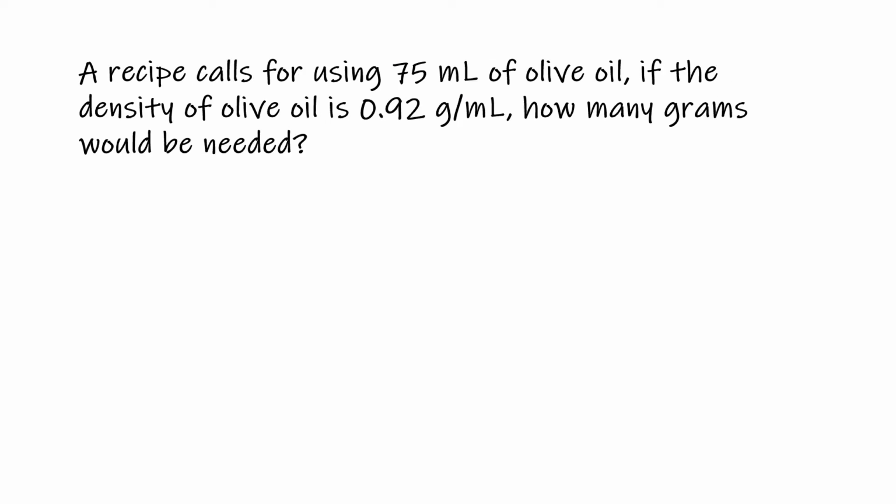Okay, the final problem that we are going to look at is this. A recipe calls for using 75 milliliters of olive oil. If the density of olive oil is 0.92 grams per milliliter, how many grams would be needed? So the amount that we are given is we need 75 milliliters of olive oil. You are given the density.